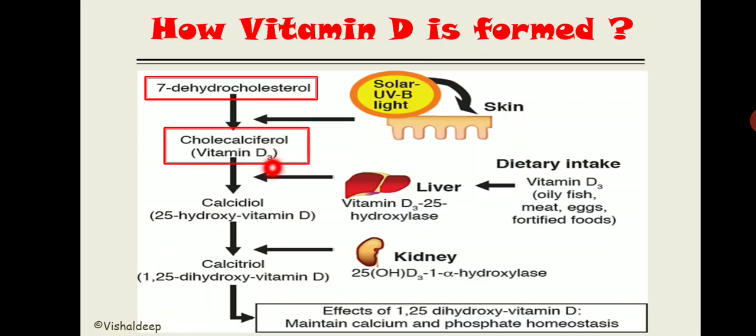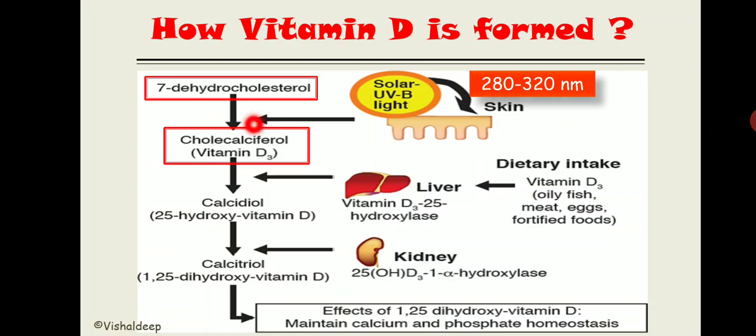So vitamin D3 is not the actual vitamin D, it is a precursor of the actual active form of vitamin D. Vitamin D3 is cholecalciferol, and for the conversion of 7-dehydrocholesterol to cholecalciferol, you need to remember the exact wavelength of the UV light, that is 280 to 320 nanometer.